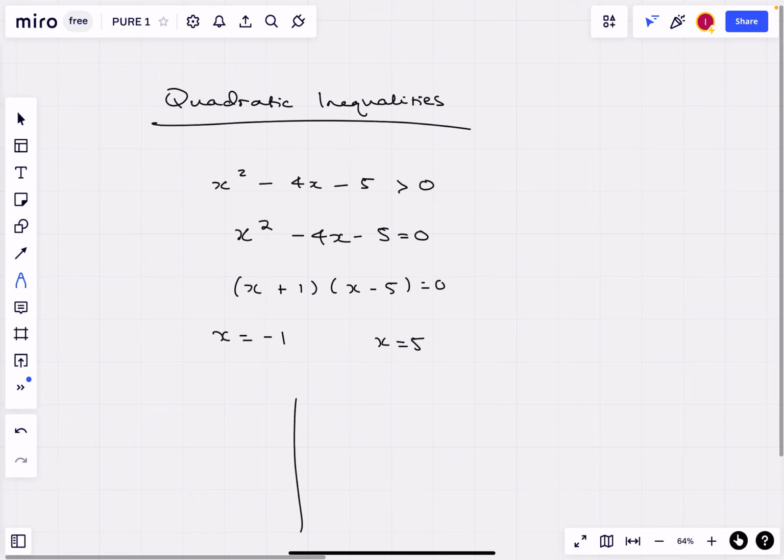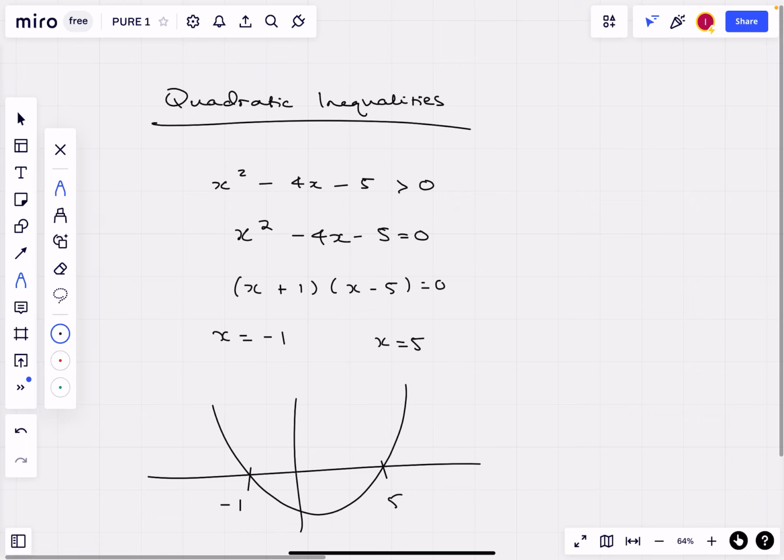If you were to draw a quadratic, it would look something like this, where that's minus 1 and that's 5. In our original question, it says our function, so our quadratic, is greater than 0. This is the value of y, so your y is 0.